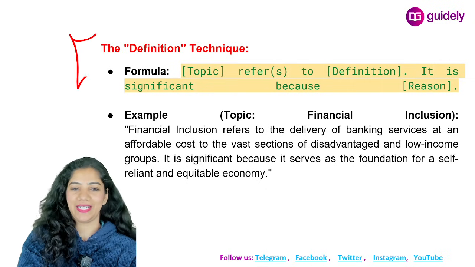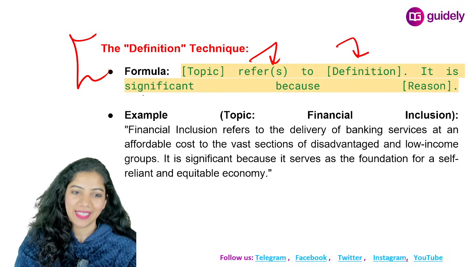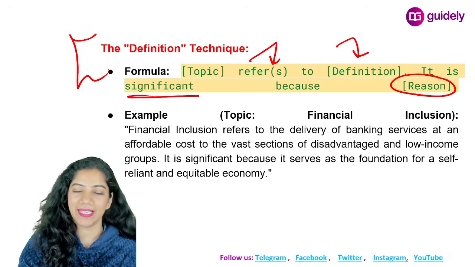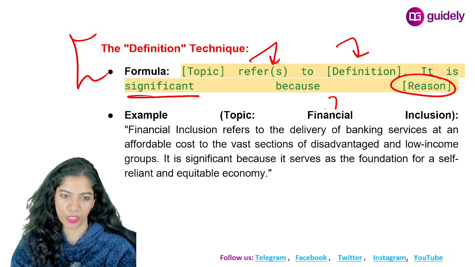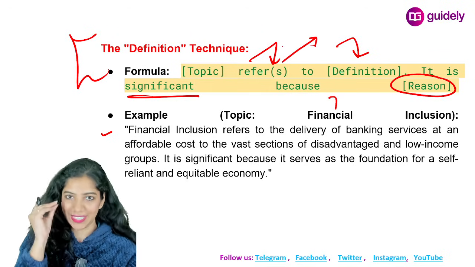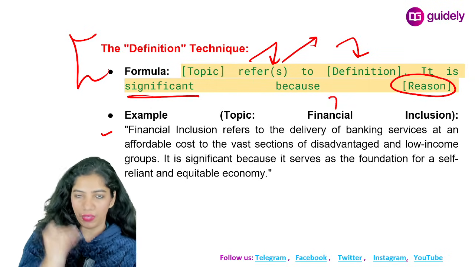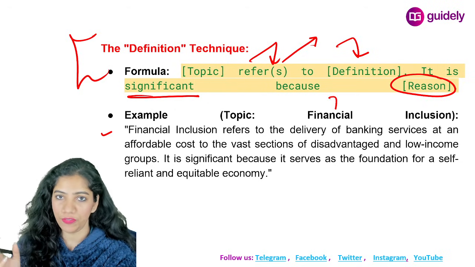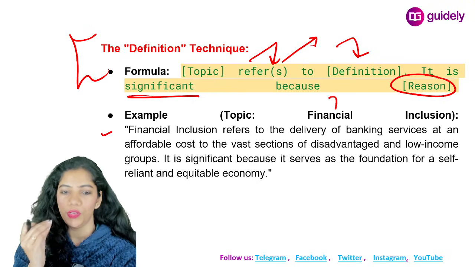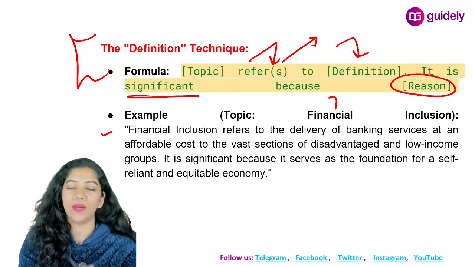So, the definition technique: the formula is topic, refers to definition, it is significant because of this reason. See how. Let's look at an example, the topic is financial inclusion. Financial inclusion refers to, if you have to give a definition you can say refers to or defines, the delivery of banking services at an affordable cost to the vast sections of disadvantaged and low income groups.